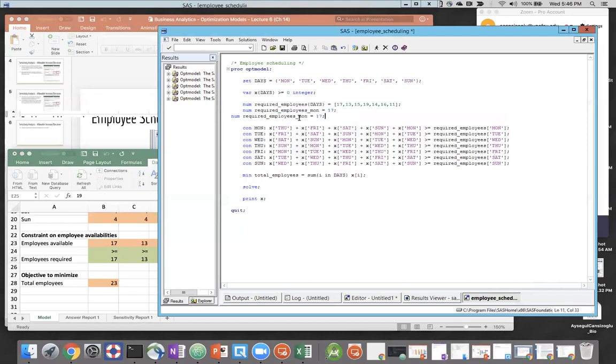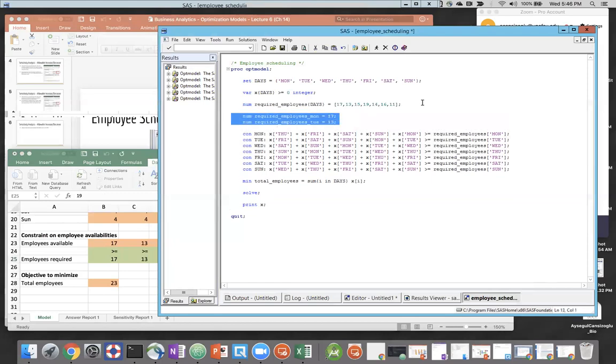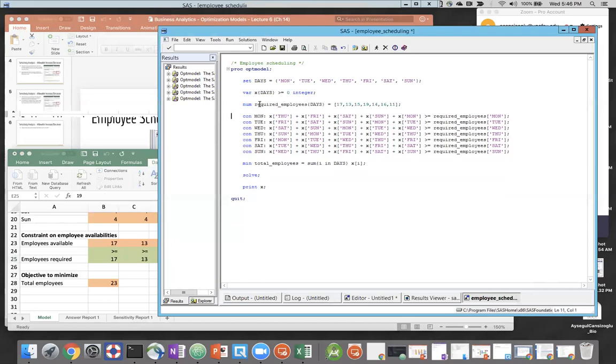Required employees Tuesday, it is 13. So I need to define 7 of these. These 2 lines, I need to repeat 5 more times, but for different days, like Wednesday, Thursday, Friday. But instead, we can define only 1 line, where this parameter is defined over days.